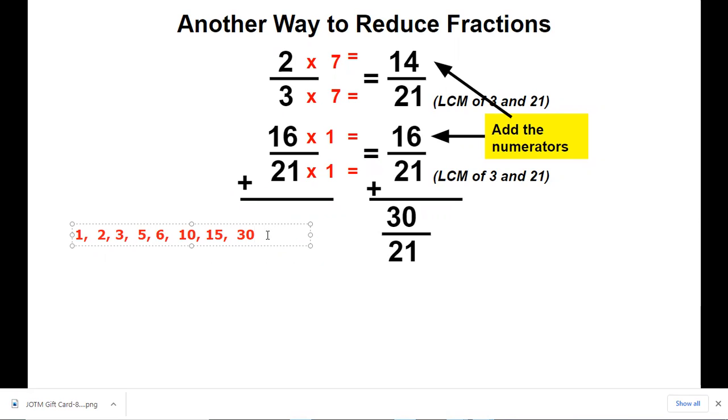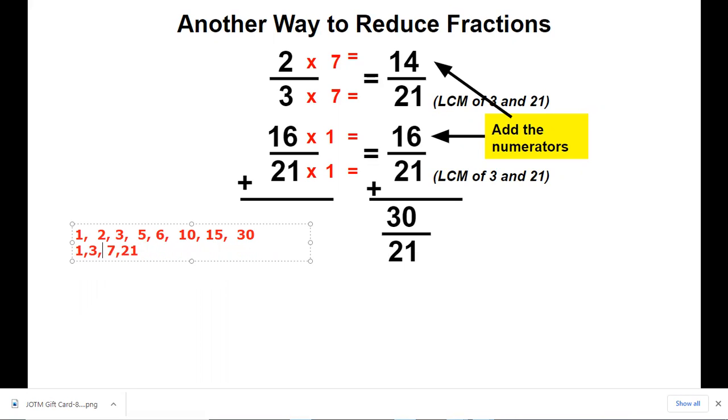So yes, and then all the factors that multiply together to give us 21. 1 times 21. 2 doesn't work. 3 doesn't. 3 works. 3 times 7 gives us 21. And I think that's it for 21. Put those together.